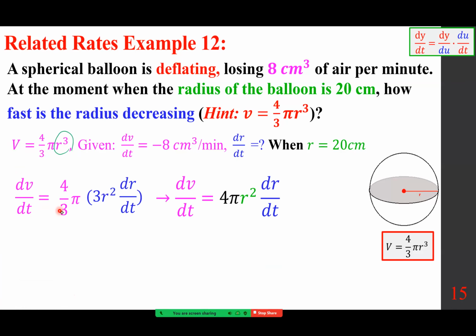I can solve for dr/dt, or I can plug in. So if I plug in, I'm going to replace this with -8, and I'm going to replace the r with 20. And as you know, 20 squared is 400.